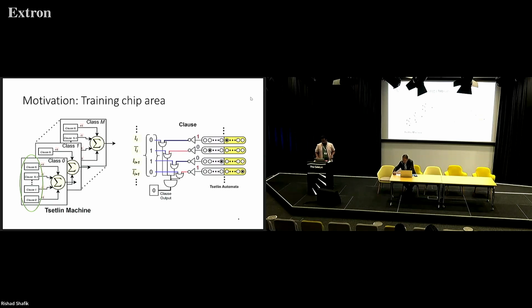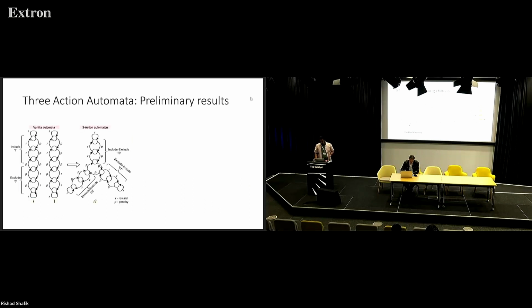In a clause, the Tsetlin automaton is the most fundamental element of these Tsetlin machines, and they can be huge when implemented in, for example, a problem like MNIST, which will have around 1.5 million automata. So on a training chip, implementing them in different formats will consume a lot of chip area, and they dominate the chip area. So the idea was, can we propose an automata architecture which would help us reduce the area when implemented.